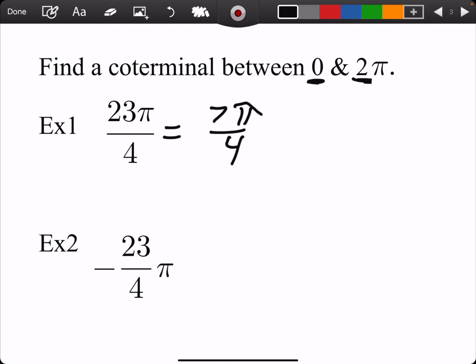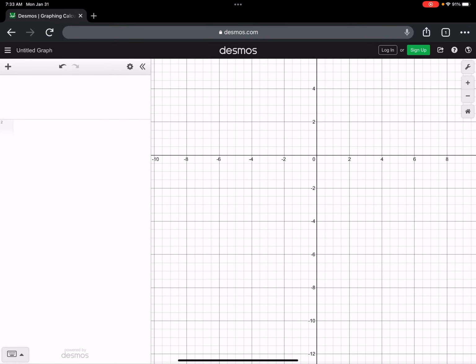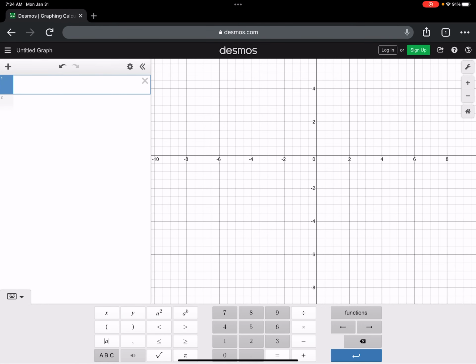Now, down to the negatives in the bottom, same kind of idea. So this problem is negative. So I'm going to put a negative 23 over 4. I'm going to make sure that cursor is on the outside of the fraction now. So instead of subtracting 2, because I want it to be between 0 and 2, and this is negative, I'm going to add 2 this time. It's still negative. I'm going to add 2 again. Still negative. I'm going to add 2 again. And now I see it's between 0 and 2.